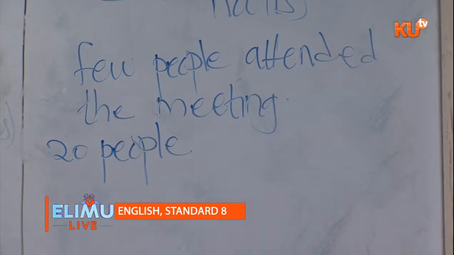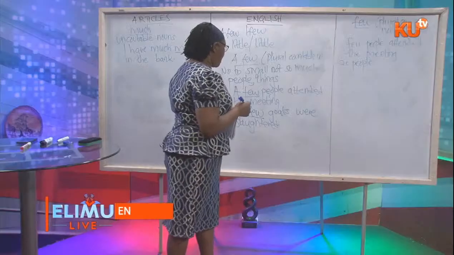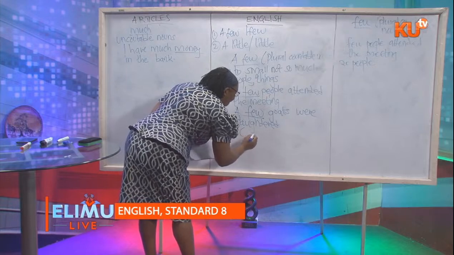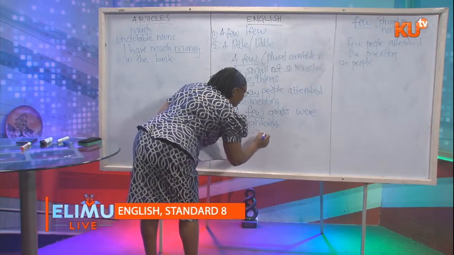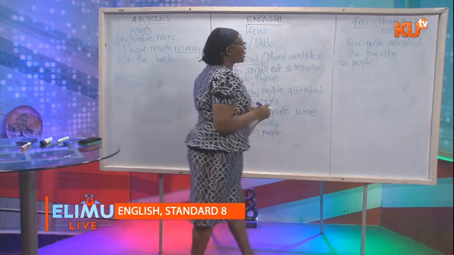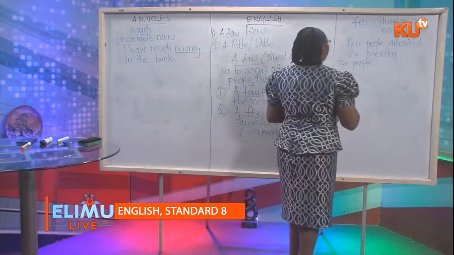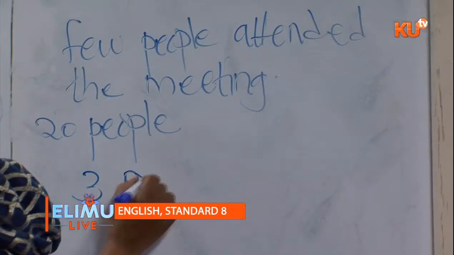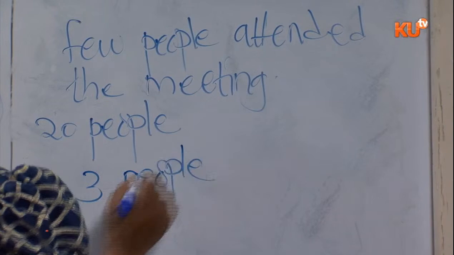When we are using a few, maybe you have 7 people attending the meeting, and when you are using few, you have 3 people attending the meeting.